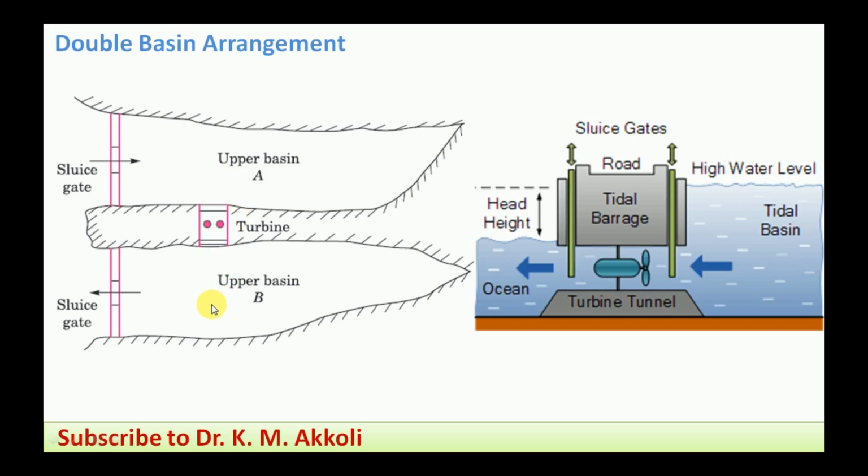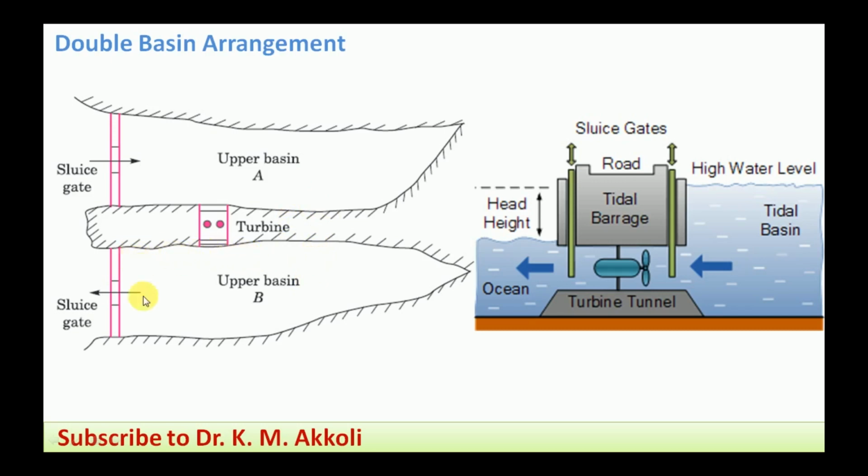Whenever the head reduces and the low tide occurs on the other side at the sea level, then this sluice gate is also opened. Then the water starts flowing from this one, and the head will be maintained between the upper basin and the lower basin. Till a sufficient head is maintained between the upper basin and the lower basin, the power generation will be taking place from the turbine.